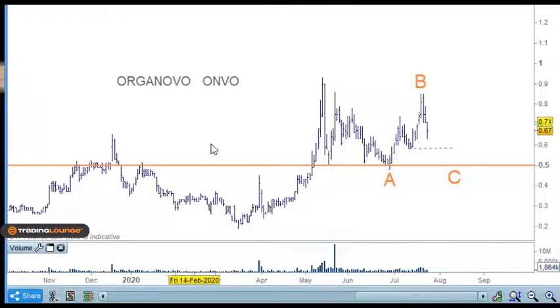One of the things we can see here though is that if this low is taken out here, that leaves us with 3 waves to the upside. That's going to leave us here with a wave C for this. And to me, that just gives us a buying opportunity to get more, because as I mentioned before, this particular pattern here is a pattern that we see in all markets moving to the upside.